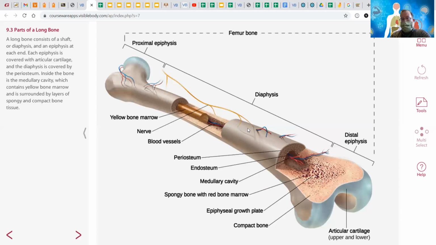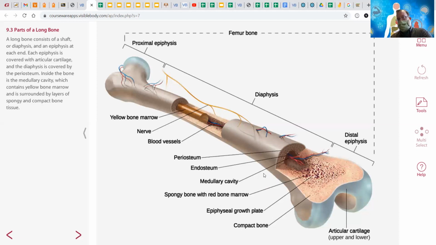Okay. And then remember, just under the periosteum, we're going to have a layer of compact bone. And again, that layer might be really small, especially at the epiphyseal region, the ends of your bones. The compact layer is pretty thin, because then we get into the spongy bone. And again, we don't really see much in the way of spongy bone at all when we're in the diaphysis or the shaft.